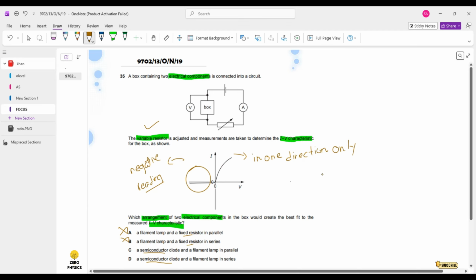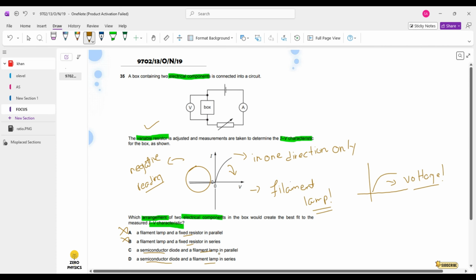Secondly, whenever we have a graph which is bending towards voltage, it is always a graph for a filament lamp, right?